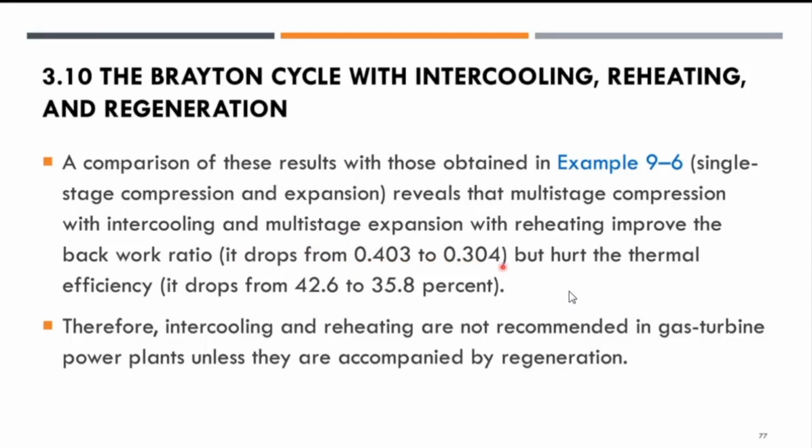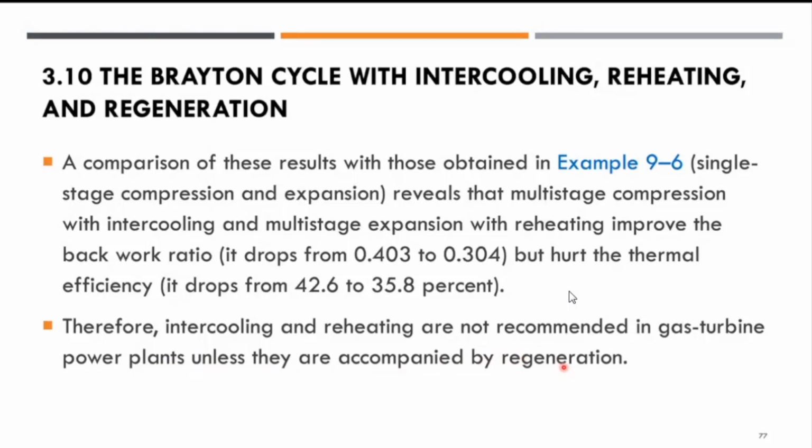However, the thermal efficiency drops from 42.6% to 35.8%. Therefore, intercooling and reheating are not recommended in a gas turbine power plant unless there is regeneration.